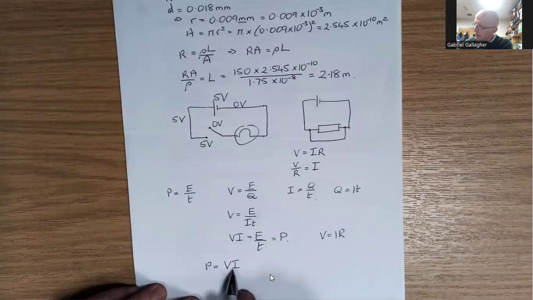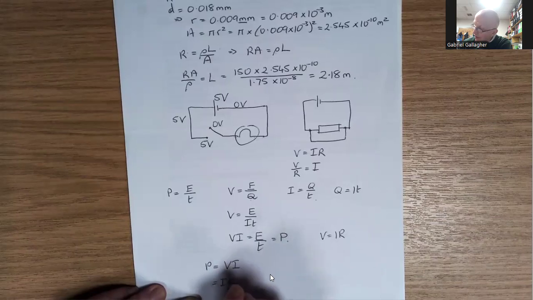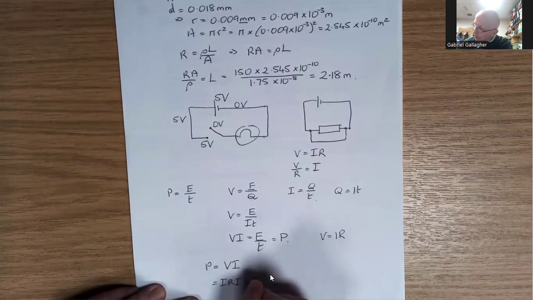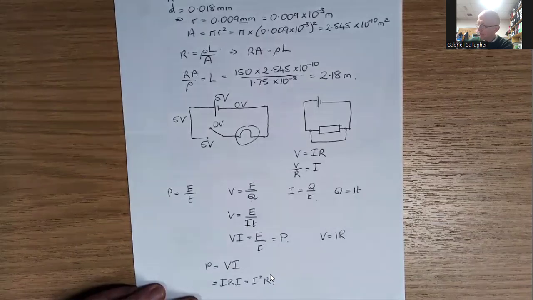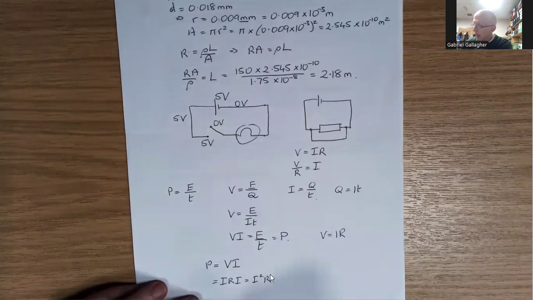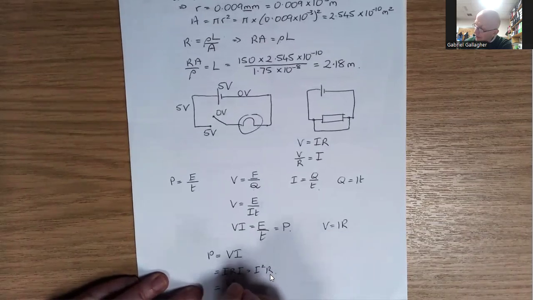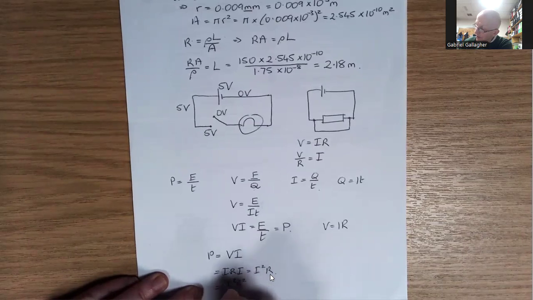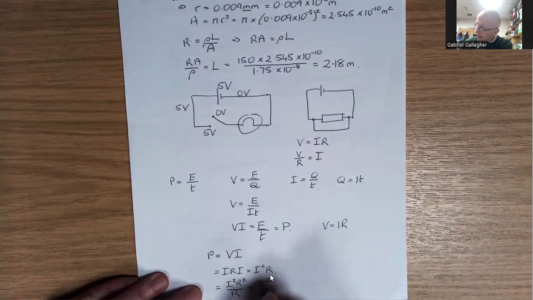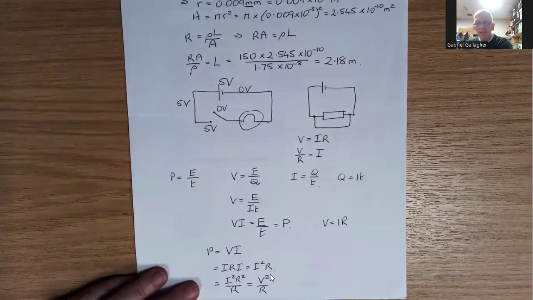If I replace V with I times R, I get I squared R. That's another equation for P. And I squared R is like I squared R squared divided by R, which is V squared over R. So we have these three equations for power.